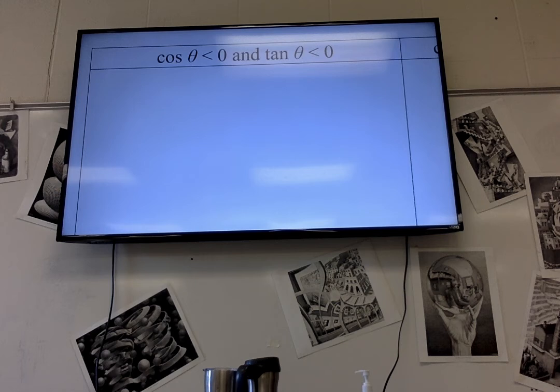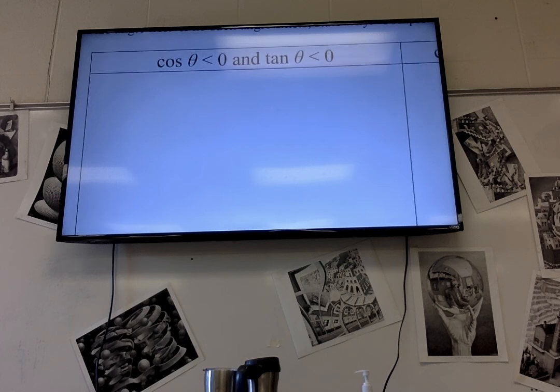All right, so for each of the angles described below, determine what quadrant or which axis. This is like the all students take calculus problem. You have cosine is negative, so less than 0 is of course negative, and tangent is also negative.